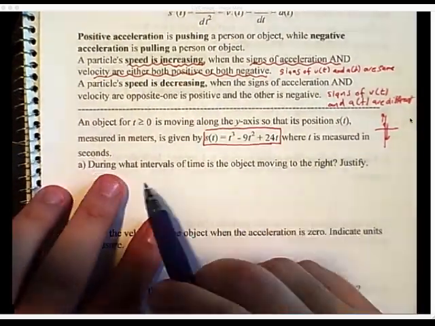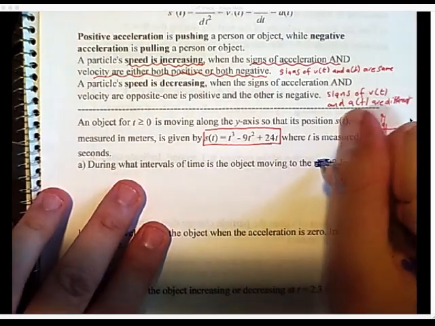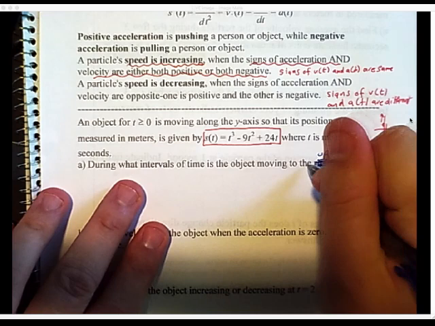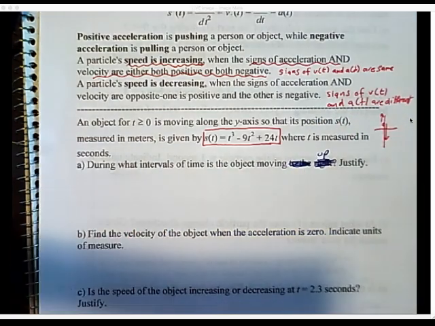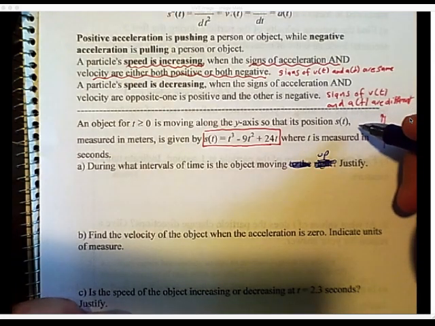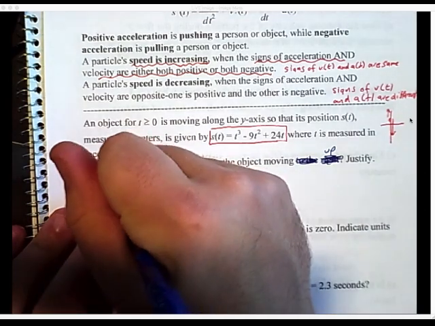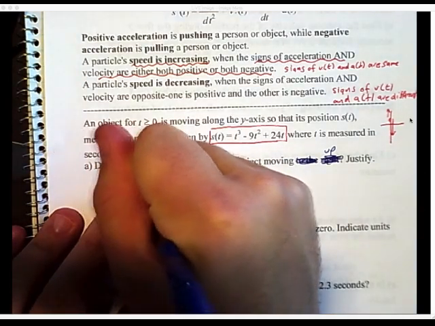It says during what intervals of time is the object moving, this shouldn't say right, it should say moving up. During what intervals of time is the object moving up? Well, we think of going up as in the positive direction. So this is going to happen when the velocity is positive.